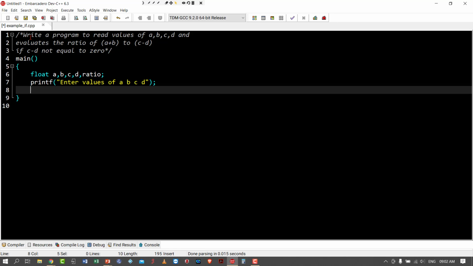Adarsh Kumar. Yes, what will be the next statement? Scanf, sir. Inside that, what will I write? 4 percent D. Sorry, sir, it is a float value, so percent F. Okay, very good. 4 percent F will be written.